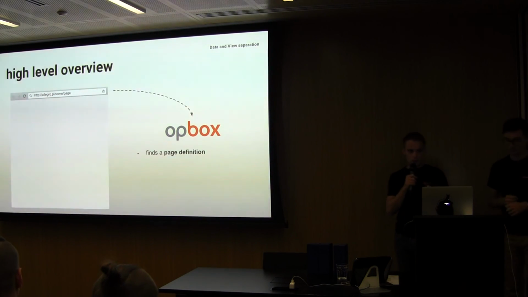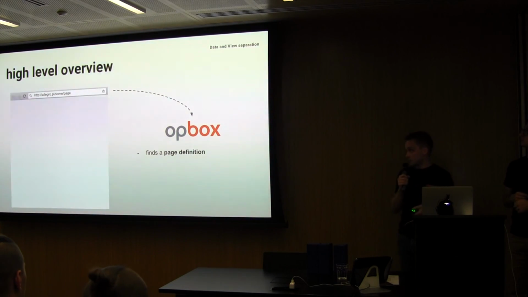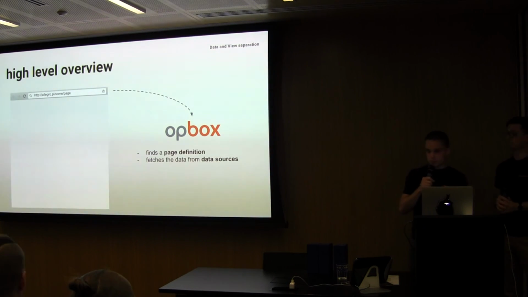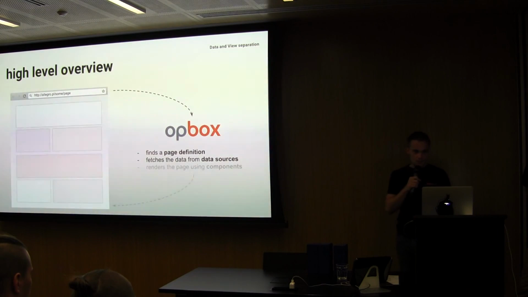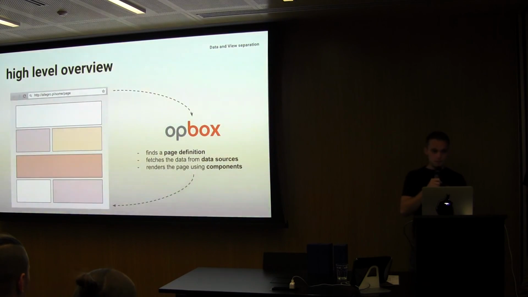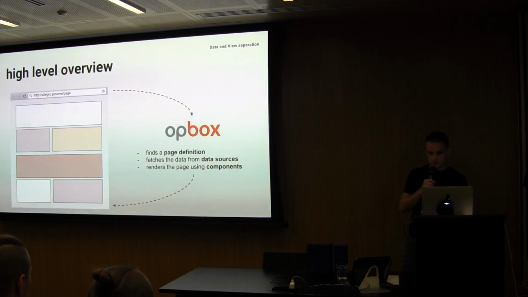So it must find the matching page definition, then fetch all the data from the data sources that is needed to produce that page, and then render it using maybe some kind of components. It's typical content management stuff, yes. And yeah, Opbox is like a CMS, but for microservices.